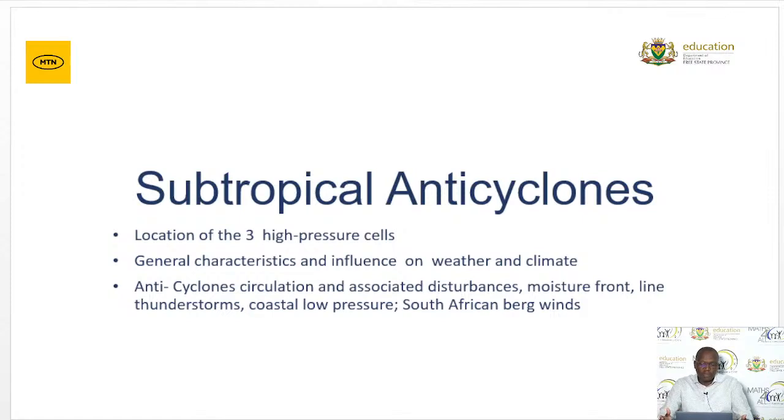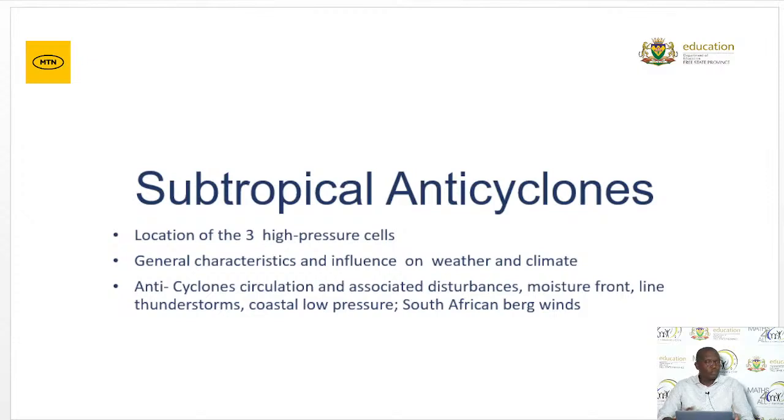So these are traveling disturbances that one must also know, and also know how to define each. So when you're talking about a moisture front, you must be able to define what a moisture front is, what a land thunderstorm is, coastal low pressure, and then also the South African berg winds. You must be able to explain or define what South African berg winds are. So which is very important.